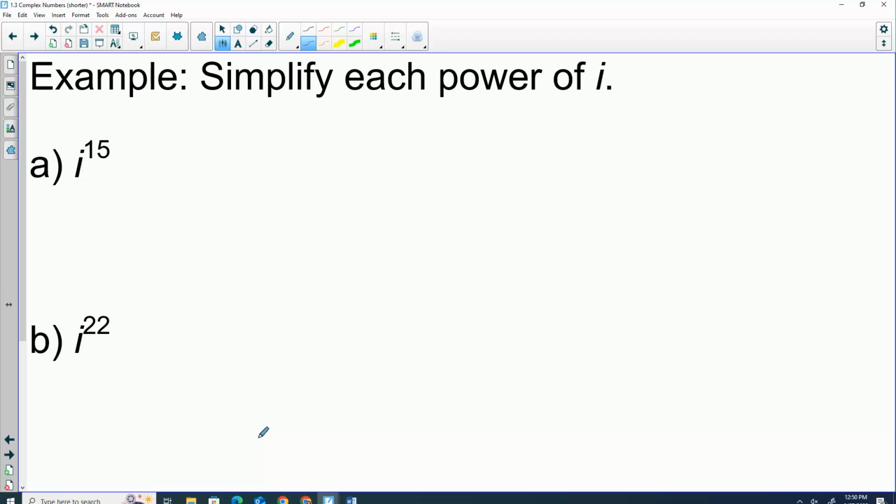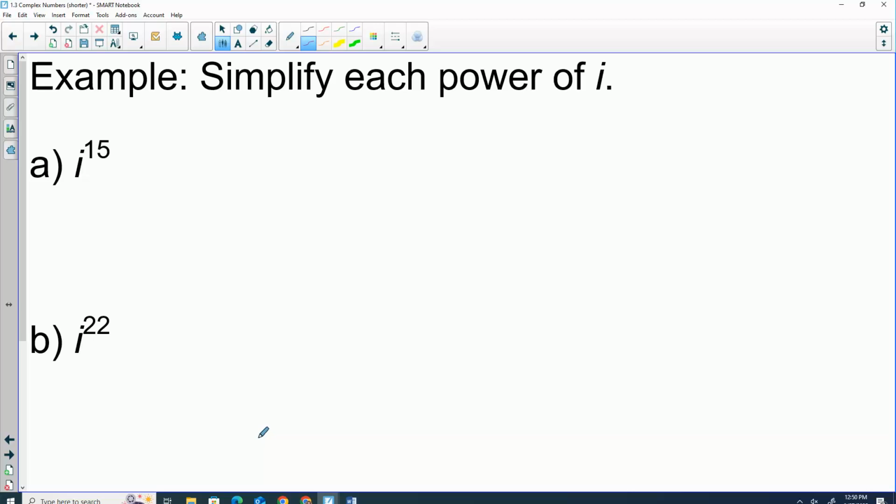Let's talk about powers of i. Okay, I don't really want to write 15 i's out and multiply it together. So we have to be able to simplify this in some way.